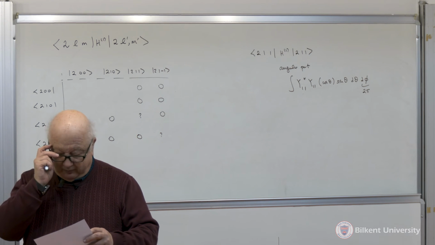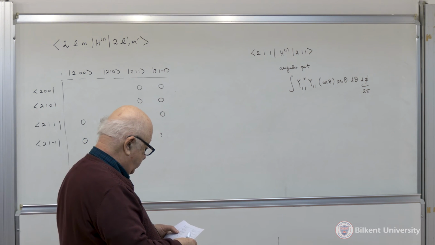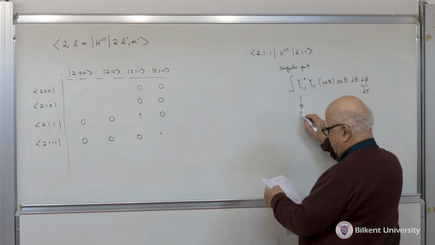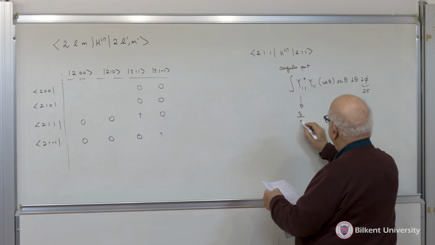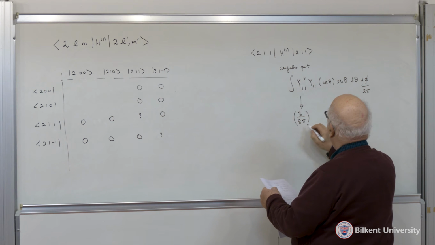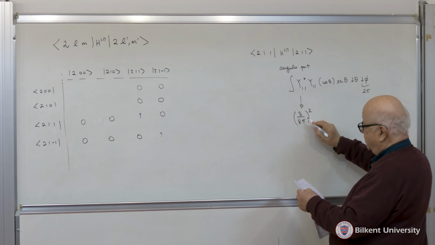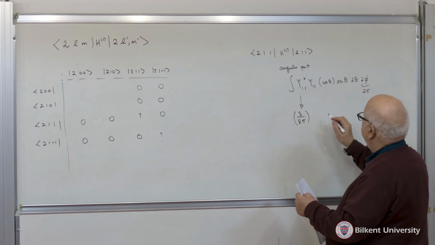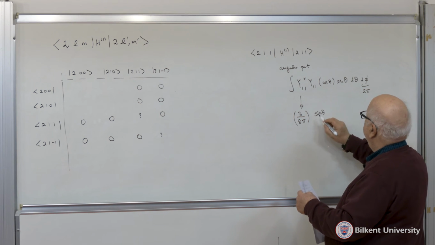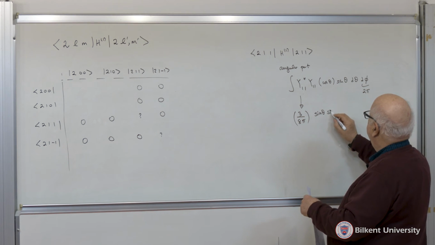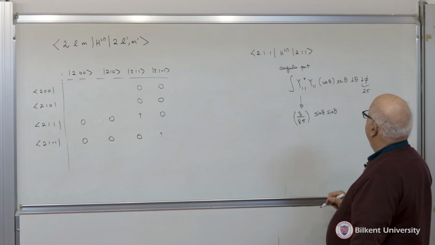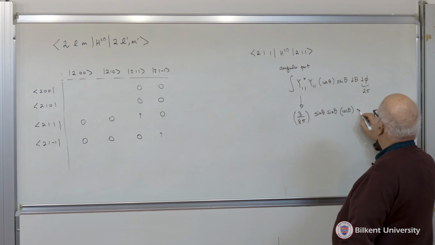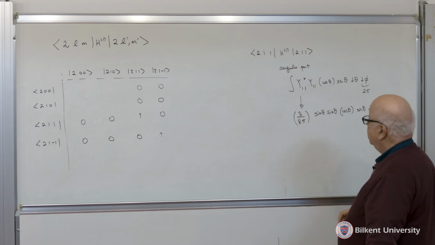Let's see, y 1, 1 is given as 3 over 8 pi, and I have 2 of those, so it's actually a square root, but then I square it, it's just this number, coming from both of them. And then I have a sine theta coming from each one of these, so I have sine theta and sine theta. And then I have this cosine theta factor, and then sine theta d theta.